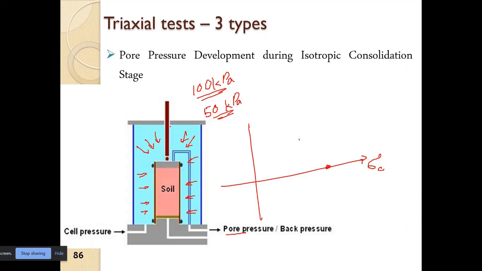So 100 minus 50 kPa, we will have the effective stress here equal to 50 kPa. Now as we go on increasing the cell pressure, suppose I increase the cell pressure from 100 to 110 kPa, we will observe that the pore water pressure will also increase from 50 to 60 kPa.